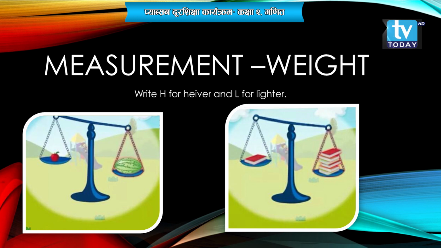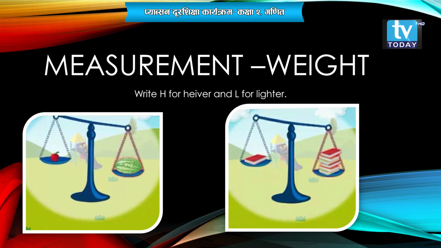Okay. Now, same like this, the second picture. What is in the second picture? Over here on one side there is one book and on the next side there are 6 books. Now tell me students, which side will be heavier?